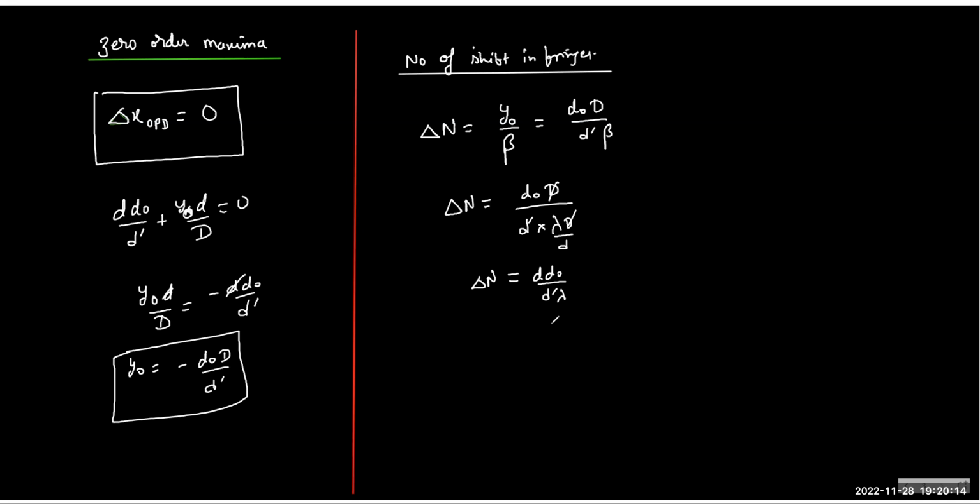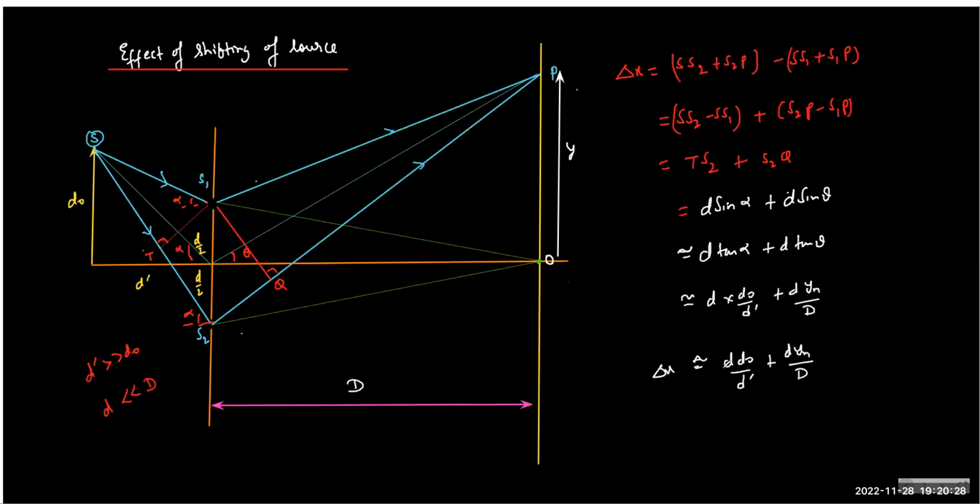If you remember carefully, d naught by d dash by lambda, what was this value? This is something which you have seen before, right? This is the additional path difference you bring into the picture. This is the additional path difference that you derive.